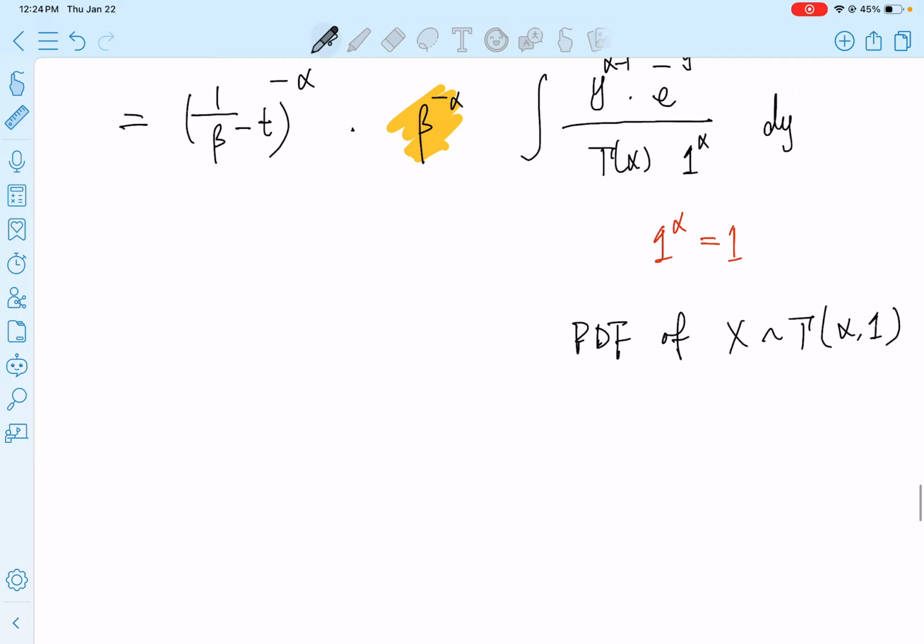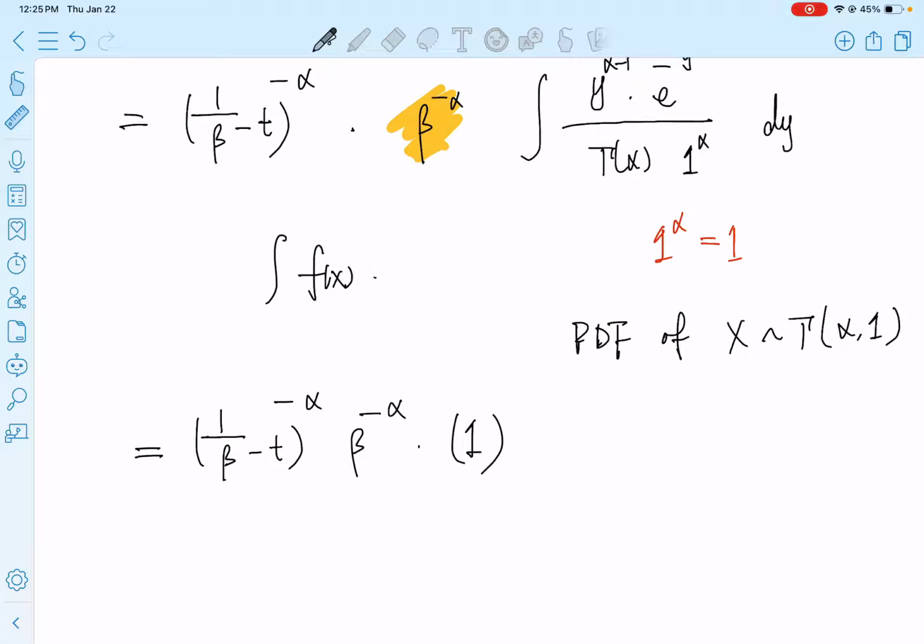Okay, so what we have is the following. 1 over beta minus a t raised to the power of negative alpha, beta raised to the power of negative alpha, multiplying by 1. Because for a properly defined density function, the integral of f of x dx is equal to 1.